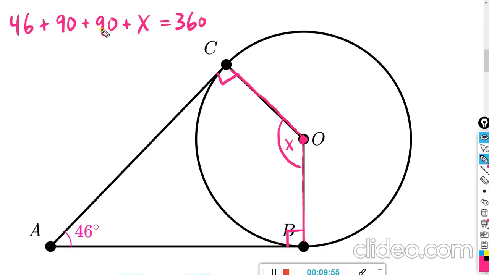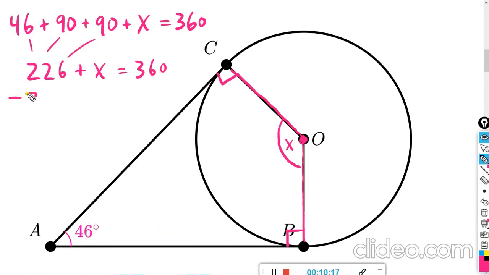Combining like terms, 90 plus 90 is 180, plus 46 is 226, plus X, and that equals 360. So I just combine these three to get 226.